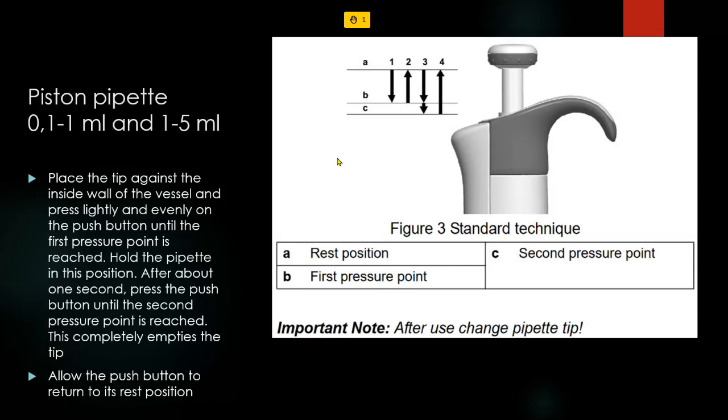So this completely empties the tip. The sample or the reagent in the tip is completely dosed inside your vessel. Then we allow the push button to return to its rest position. We will see the procedure later in detail.